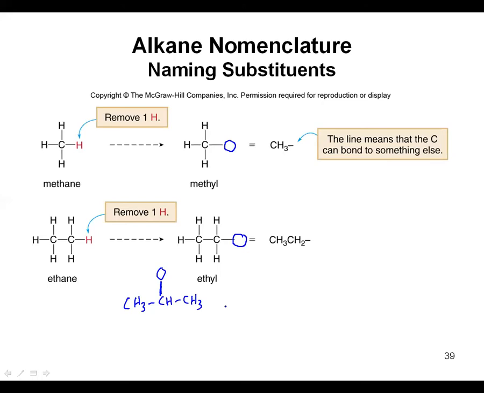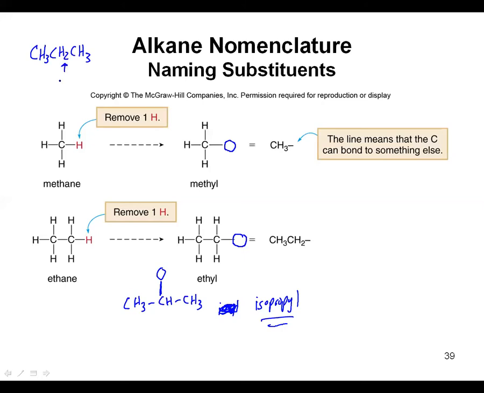This is what is known as the isopropyl group, basically. And it's based off of propane, which looks like this. So it is based off of propane, except that it is missing a hydrogen here.